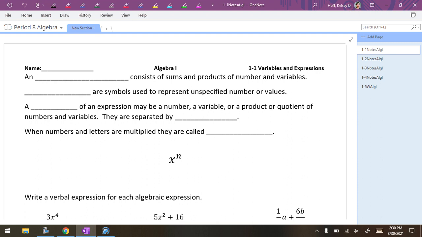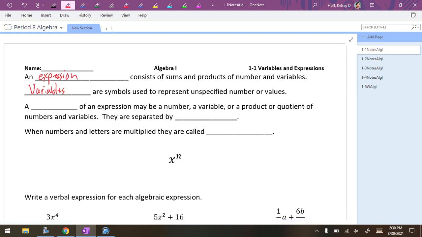All right, an expression. An expression consists of sums and products of numbers and variables. Variables are symbols used to represent unspecified numbers or values.